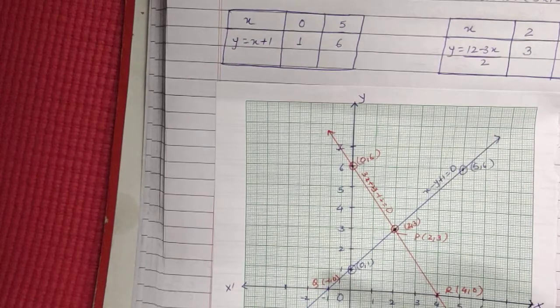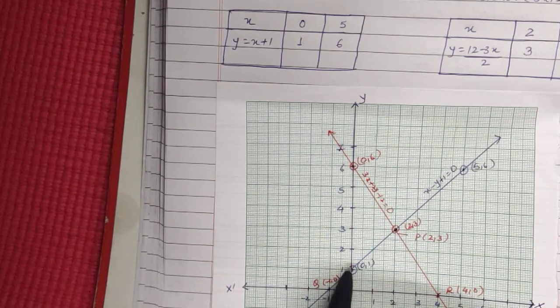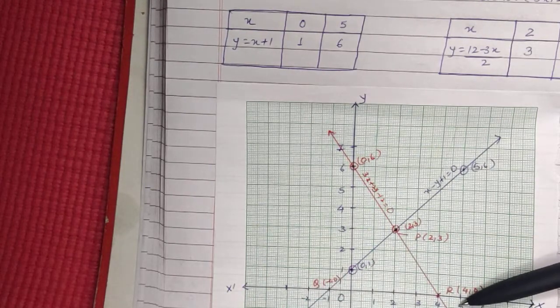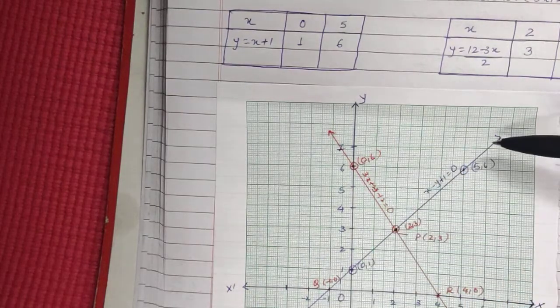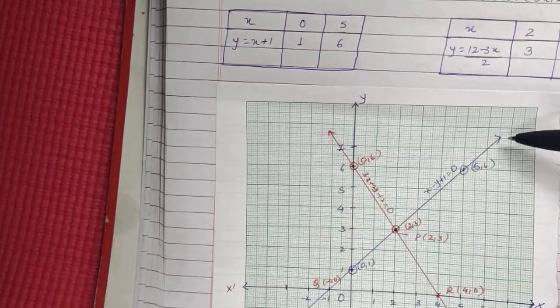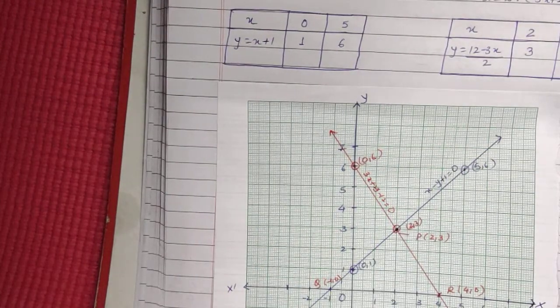Okay, so the first coordinate was 0 1, so it is 0 1. Then second is 5 6. So here it is 5 and 6. I have joined the two points and it is coming as a straight line, and I have written the equation also. Then come to the second graph.